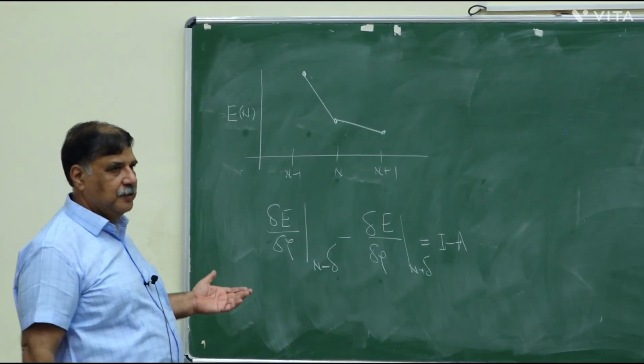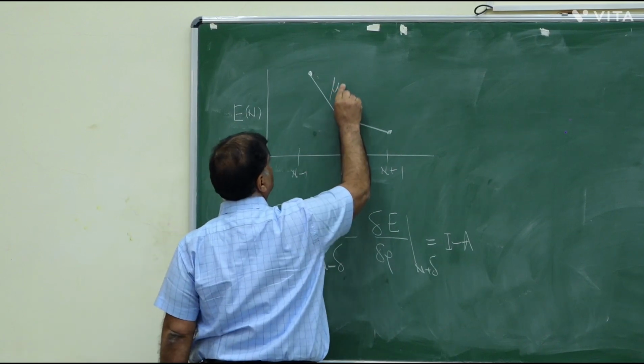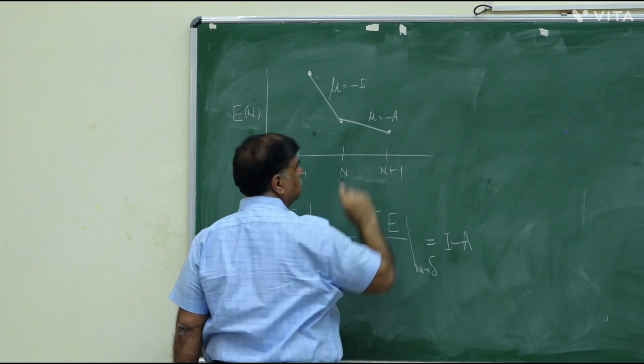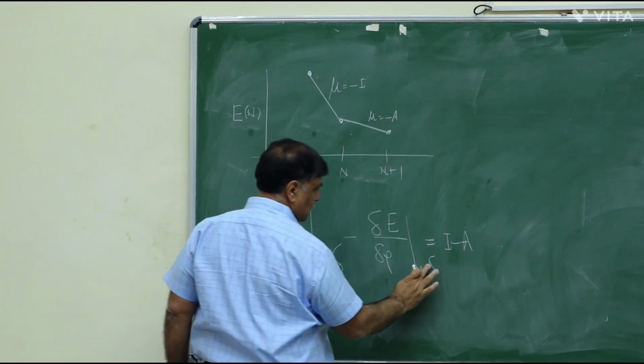This is what we said yesterday. This is nothing but the chemical potential. So this slope is chemical potential, which is mu equals minus I on this side, mu equals minus A here. Alright? Oh, this is plus and minus.